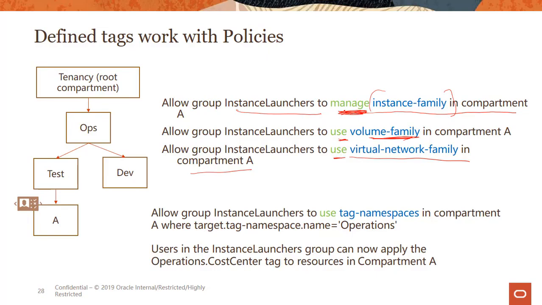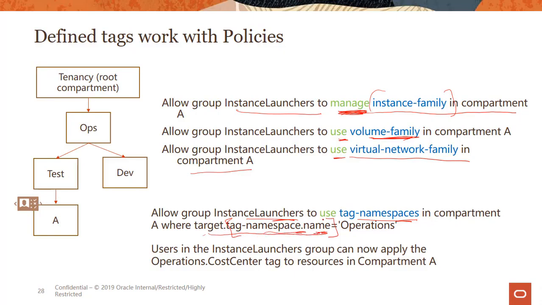Now you could secure your defined tags with policies as well, right? So for example, if you want these users to use namespaces, you could just leave it there, or you could make it conditional and more powerful. So you could say that the target namespace name, remember this is the example of a complex policy. We talked about request dot operation and target dot name. Those are the two keywords you use with variables. So you could say target dot tag namespace name.